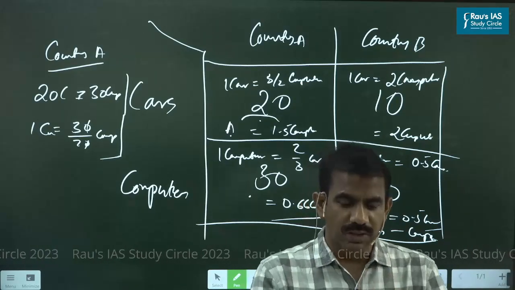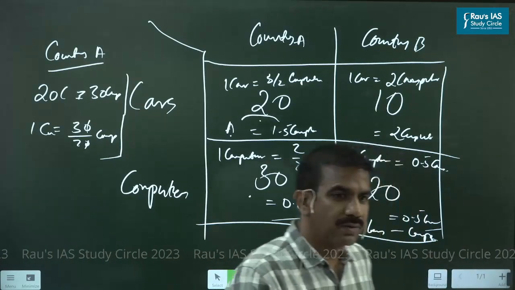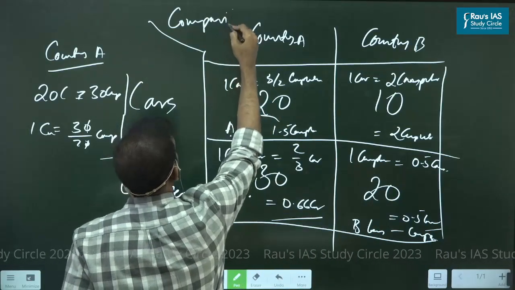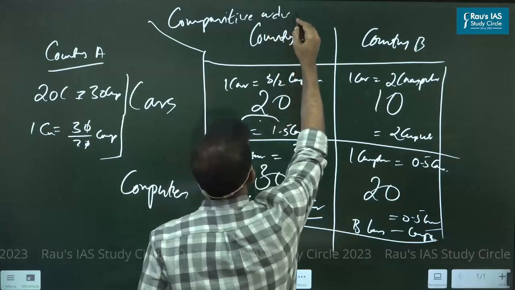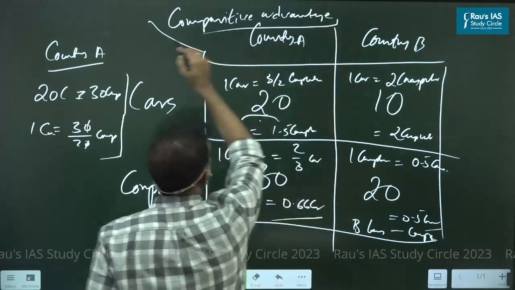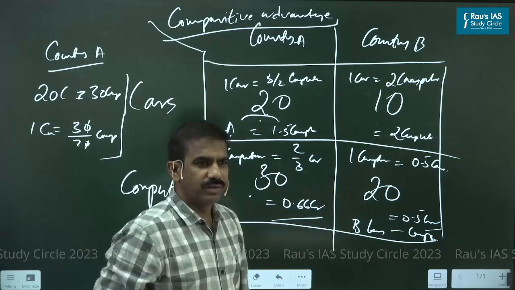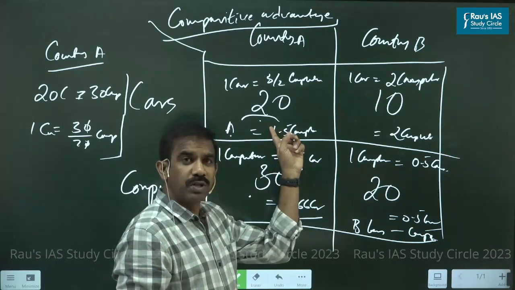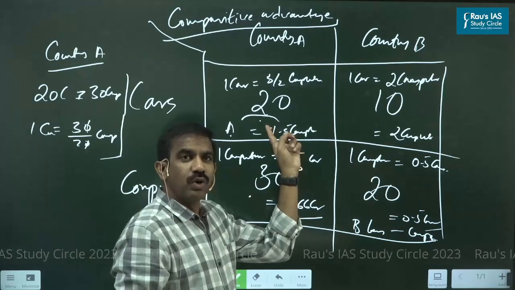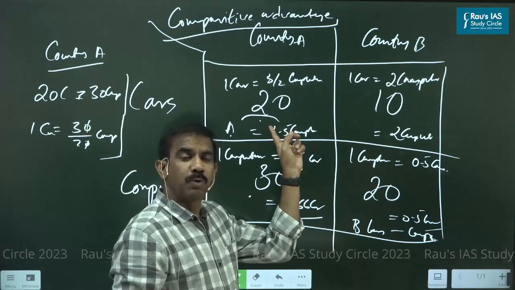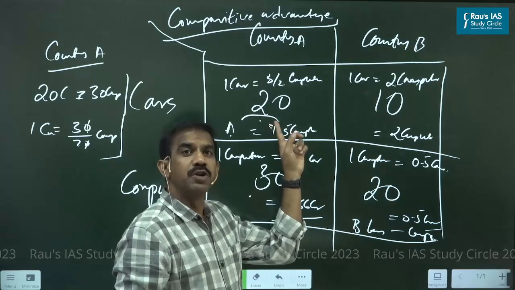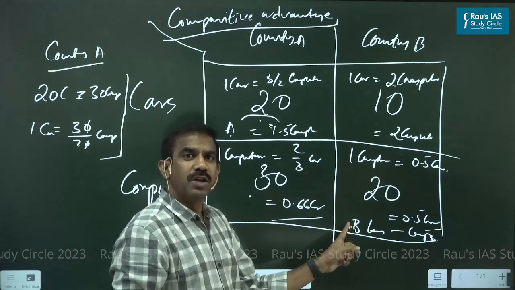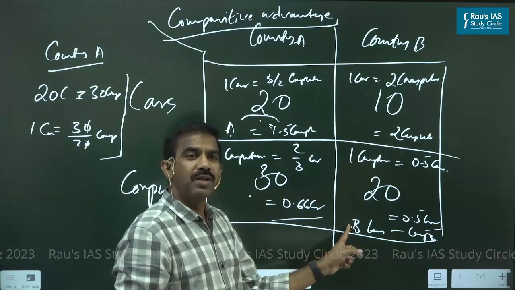For this, the theory I call the comparative advantage theory. Don't worry, we'll discuss it again and repeat it. But I want you to let me know what should be the terms of trade. A is good at producing cars, so he prefers producing cars and buying computers from B. B specializes in producing computers, and he prefers buying cars.